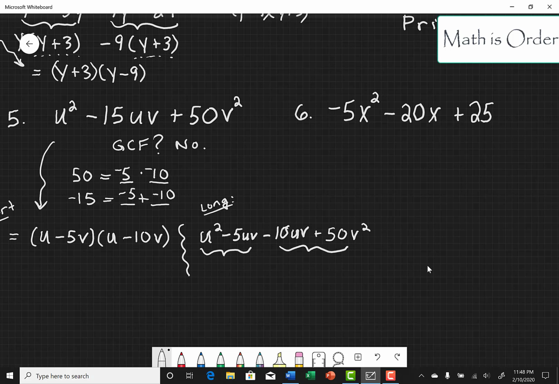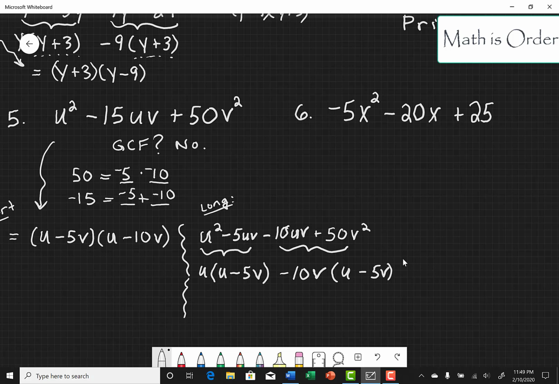What can we factor from the first two? We see that u is common. So when I factor u out of these two, I get left over u minus 5v. And what's common in these other two terms? We can see that a negative 10v. When you take negative 10v out of these two terms, you're going to have left u minus 5v, right?